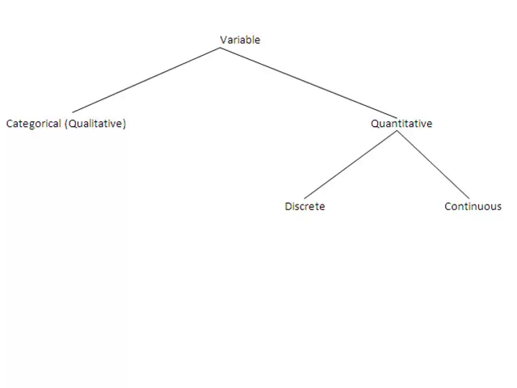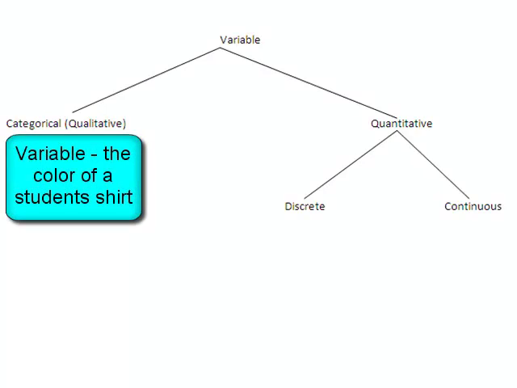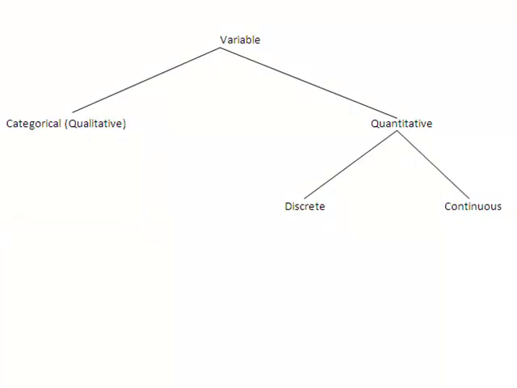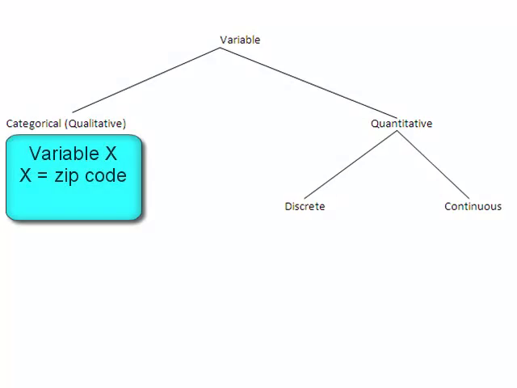So let's say I asked the color of your shirt. That would be a categorical or qualitative variable. You could have red, blue, green, yellow, orange shirts or something like that. Those would be categorical. Also, if I said something like zip code, even though it's numbers, it is not quantitative, because if I took a zip code and added another one, it doesn't have a meaning, or multiplying two of them, that doesn't mean anything.